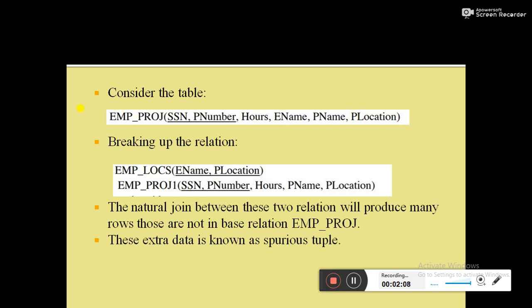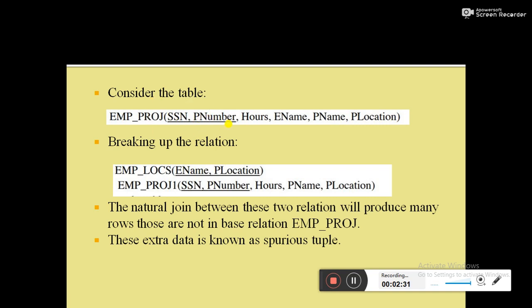So it's a single relation or single table which consists of these attributes. SSN is the social security number, P number is the project number, hours means the number of hours a particular employee works, employee name, P name is project name, and P location. And here SSN and P number combined are the primary key.